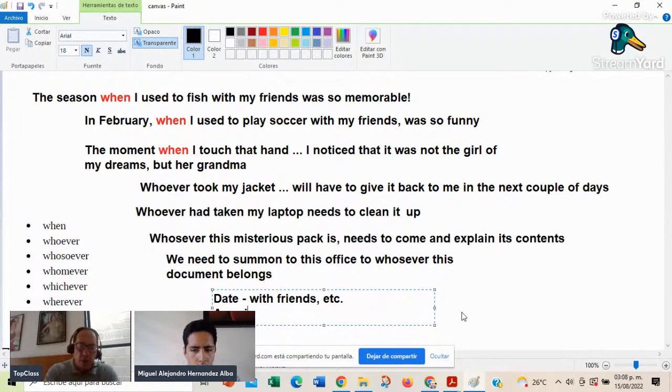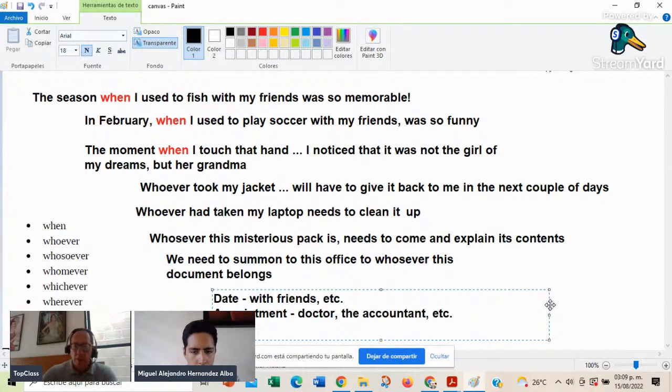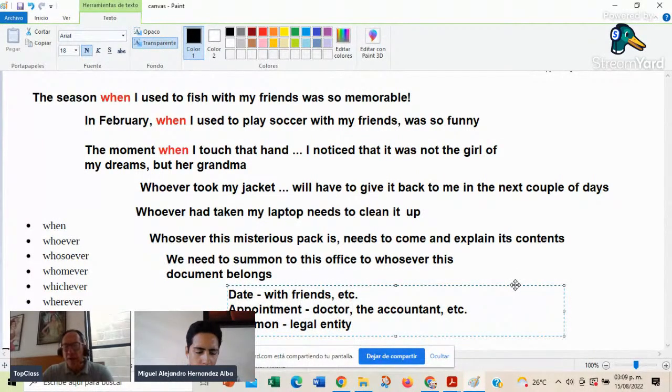You have an appointment, which is more formal, with the doctor, the accountant, etc. And you have a summon with a legal entity, right? Summon, convocar, but a very legal term.